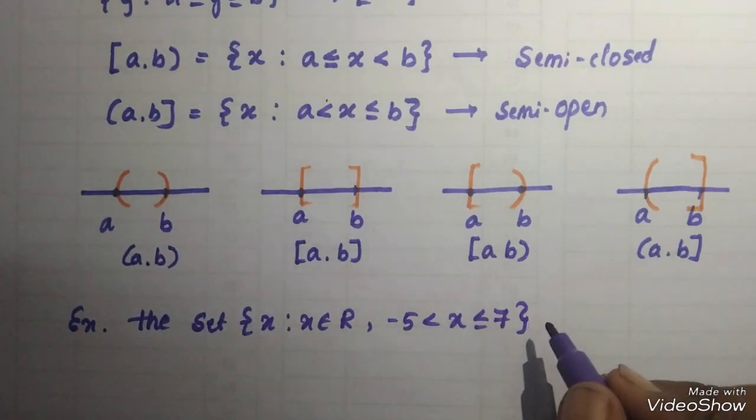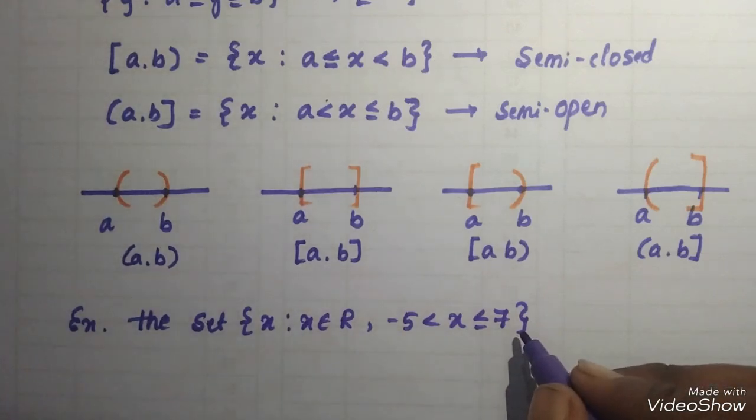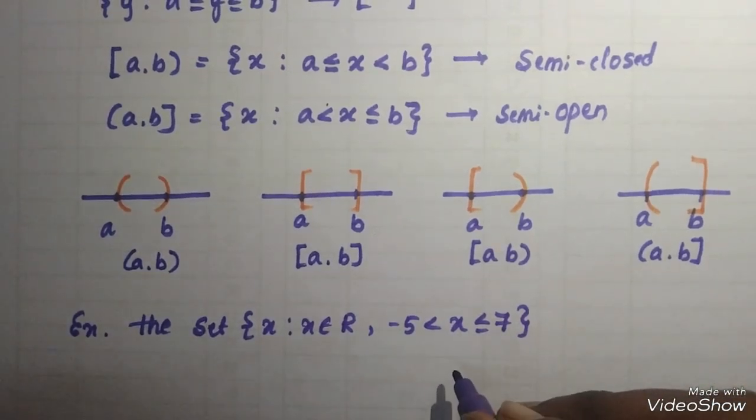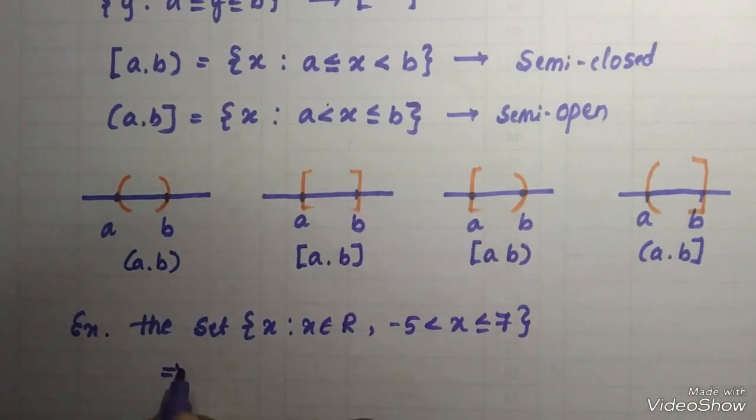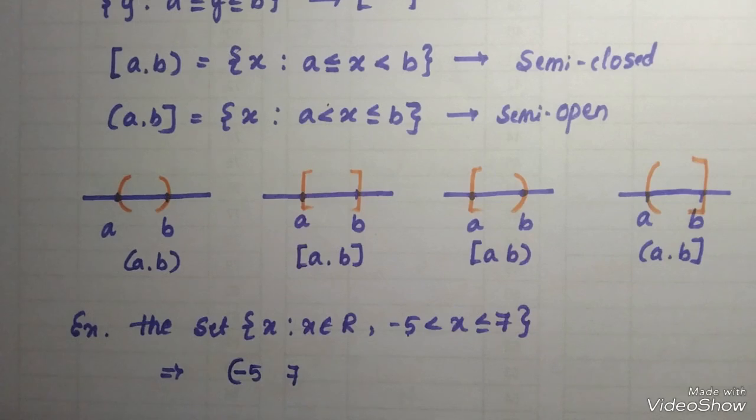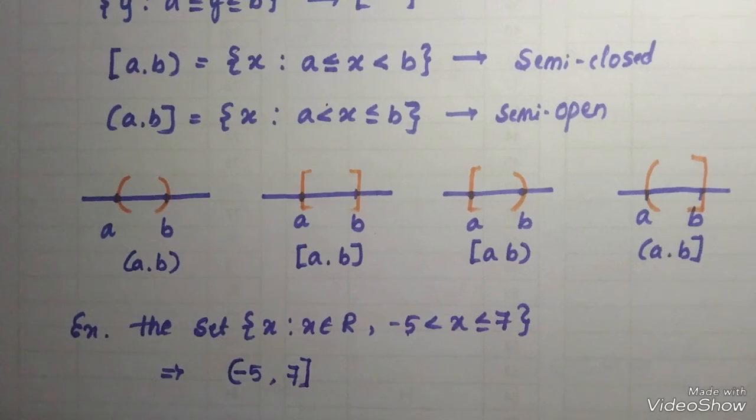We have to write it in the form of intervals. First we have to consider the endpoints. Here there is a less than condition, that's why I put open interval. Here there is less than or equal to, therefore we have to write closed.